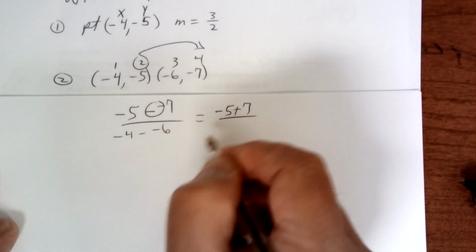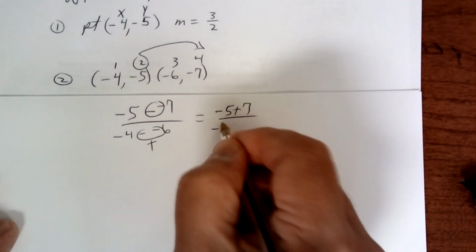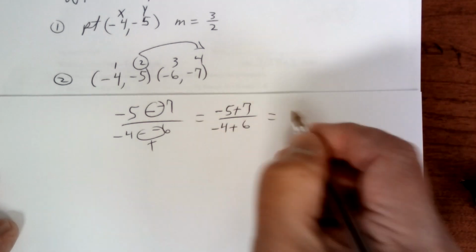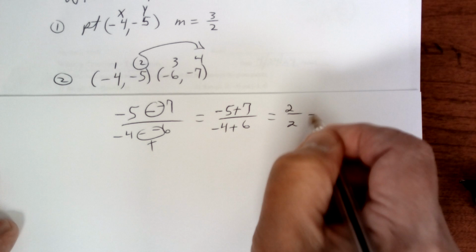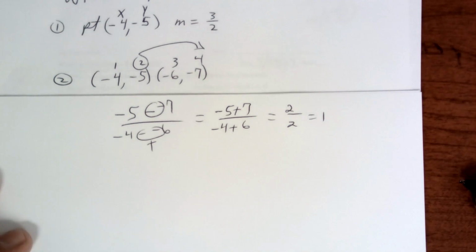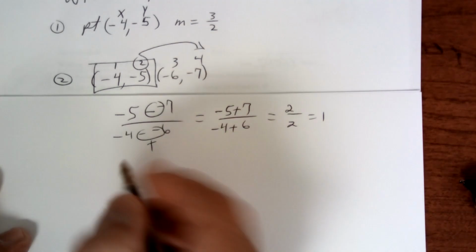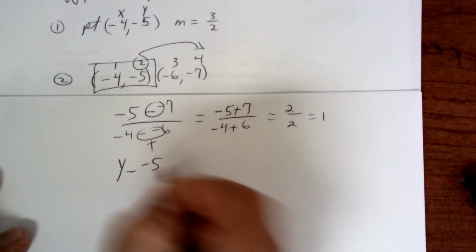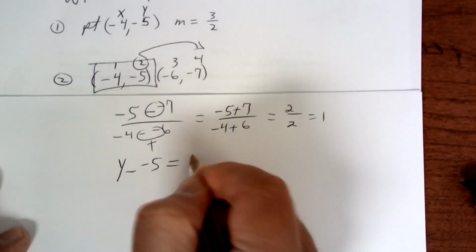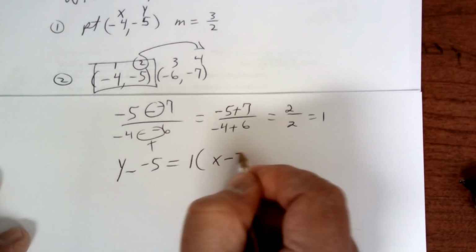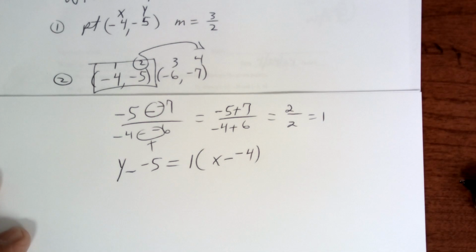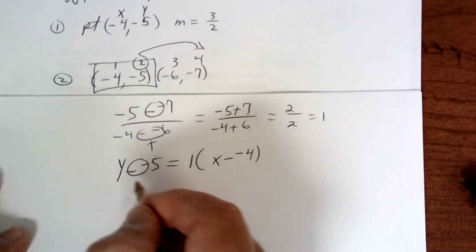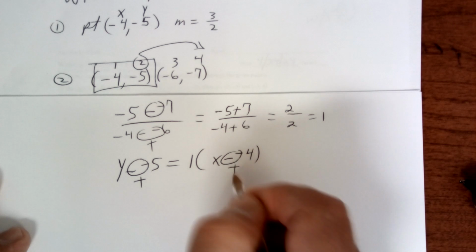And this is a plus, so that's negative 4 plus 6. So you get 2 over 2, which equals 1. Remember I said I want you to use the first point. So it's y minus the second one equals the slope times x minus the x, which is that. This becomes a plus, this becomes a plus, and that is point slope.